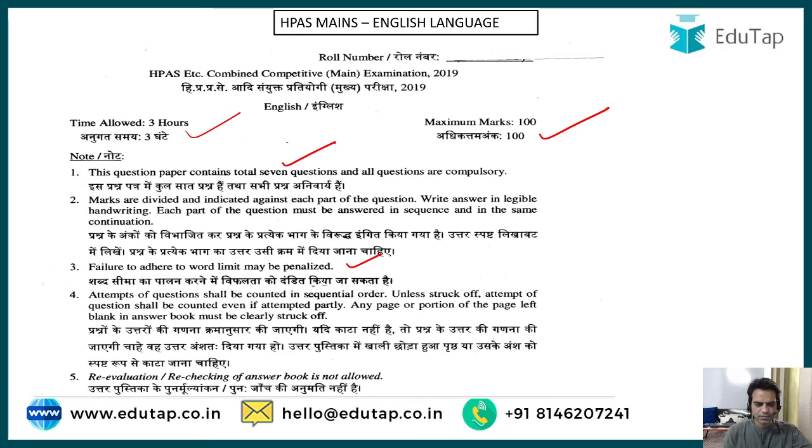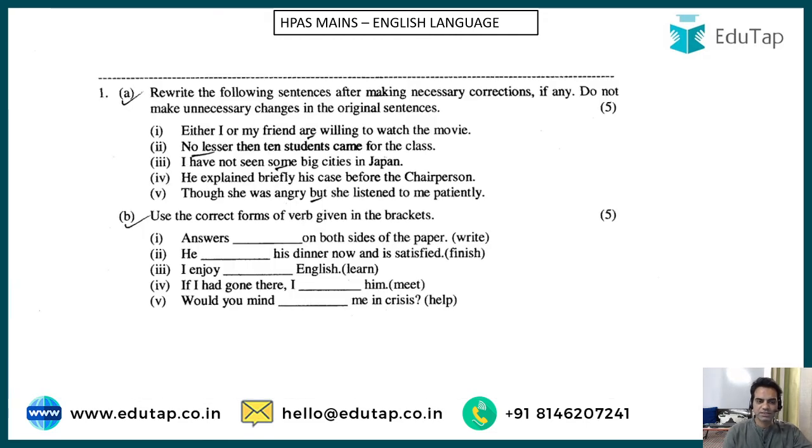All of the questions shall be counted in sequential order. Unless struck off, an attempt at a question shall be counted even if attempted partly. Re-evaluation was not allowed. Keeping these instructions in mind, we can frame our strategy, but before that you should know what type and level of questions you may face in the exam. So let's go through it, guys.